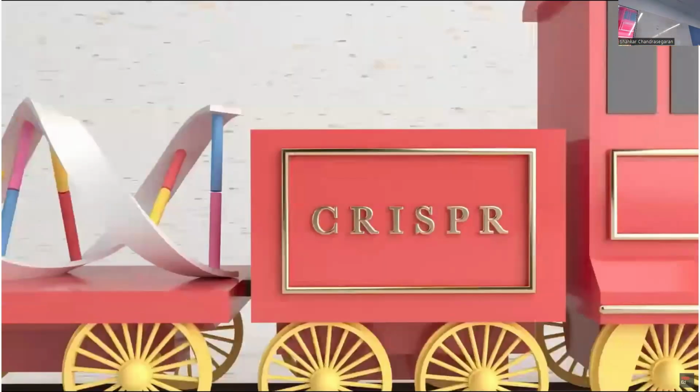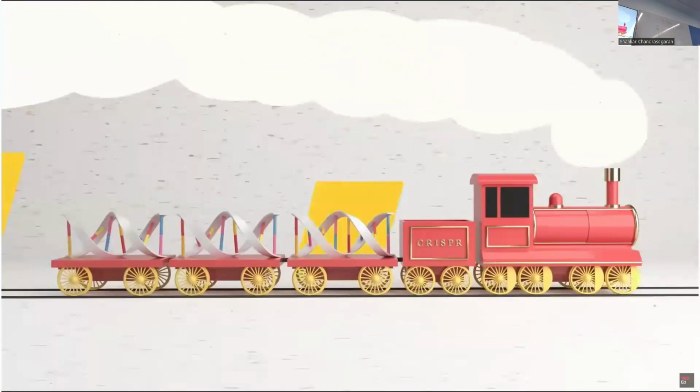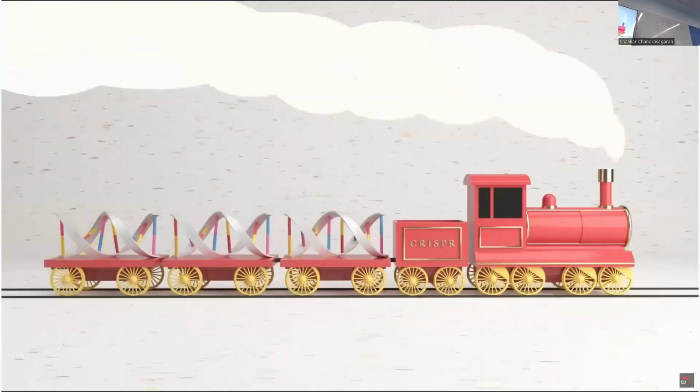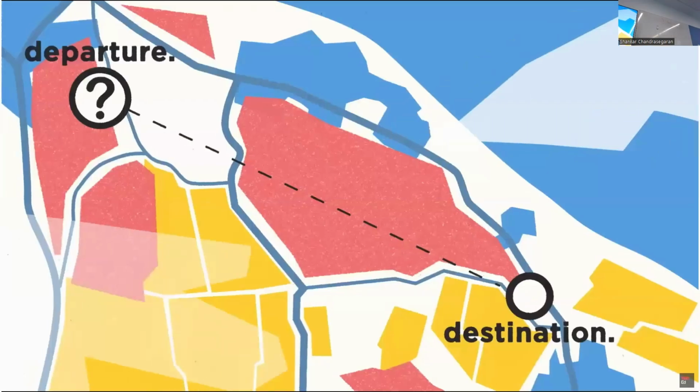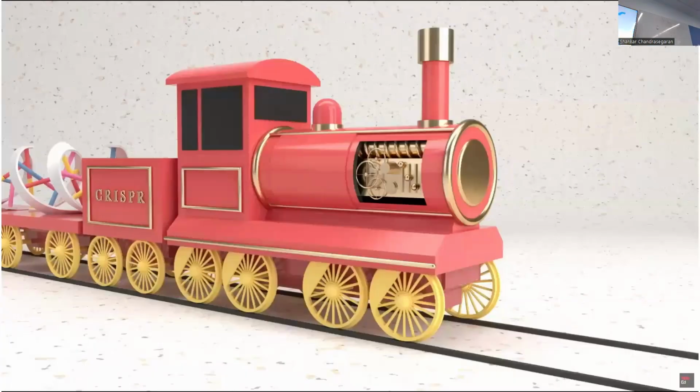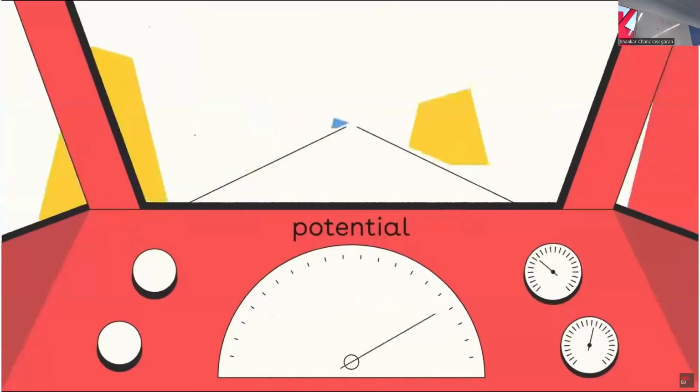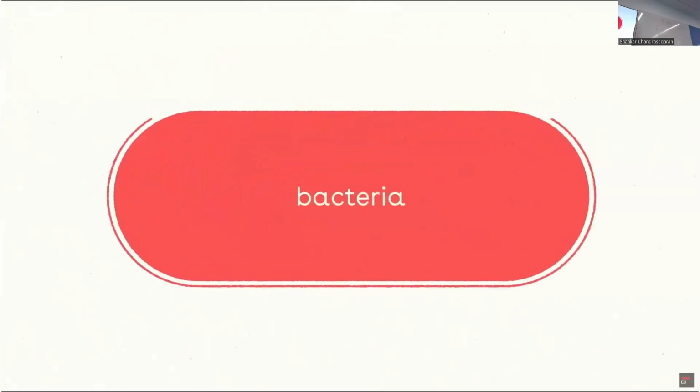CRISPR is the fastest, easiest, and cheapest of the gene editing tools responsible for this new wave of science. But where did this medical marvel come from? How does it work? And what can it do? Surprisingly, CRISPR is actually a natural process that's long functioned as a bacterial immune system.